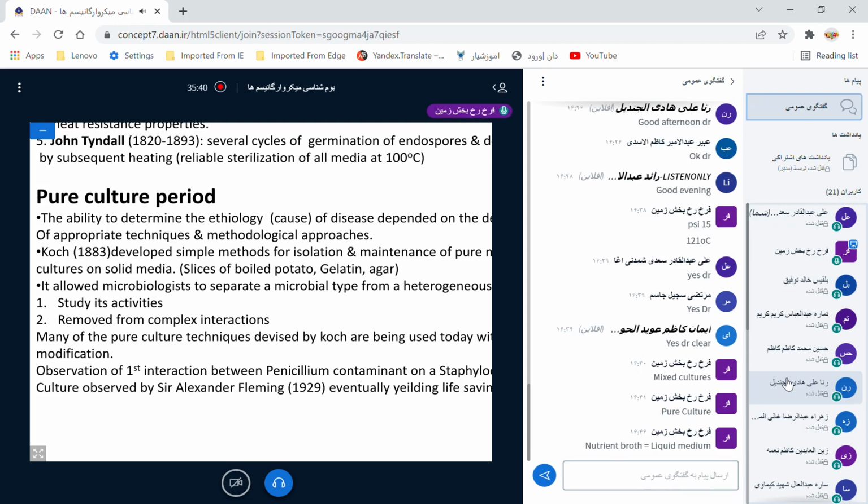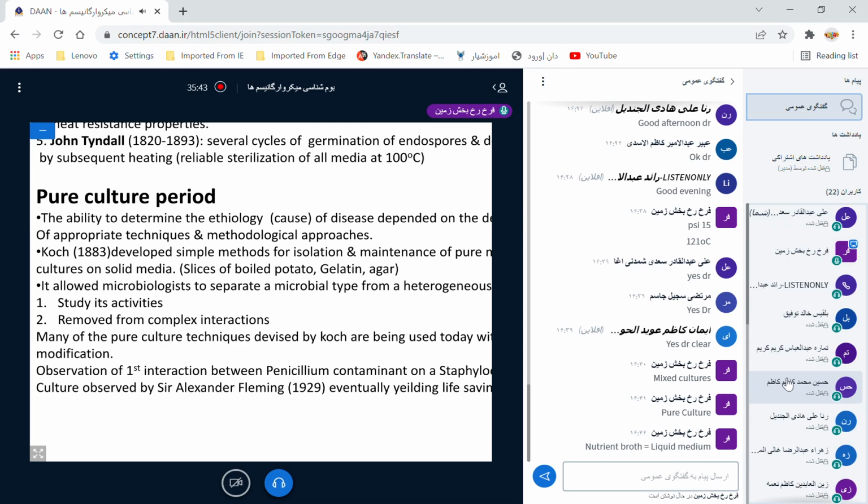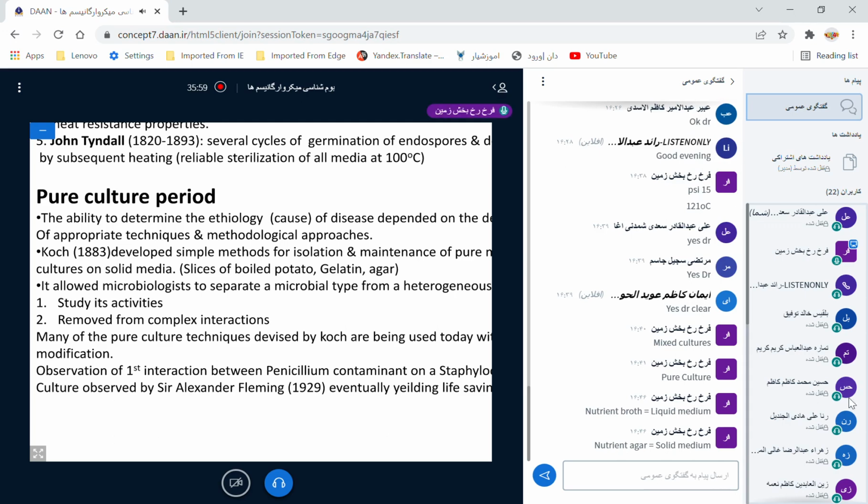But if we say nutrient agar, it is a solid medium. We can buy nutrient broth and agar.